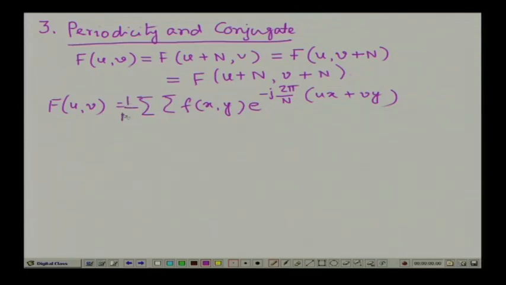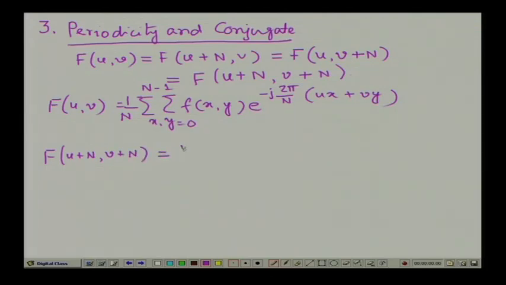Of course, we have the scaling factor 1 upon capital N, where both x and y vary from 0 to capital N minus 1. Now, if we try to compute F(u+N,v+N), then what do we get?